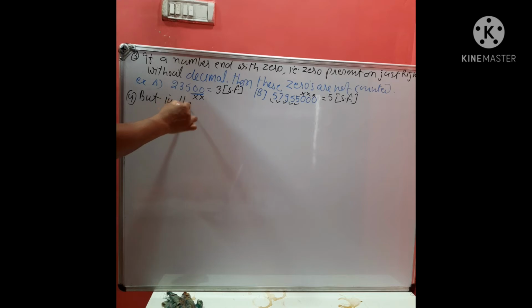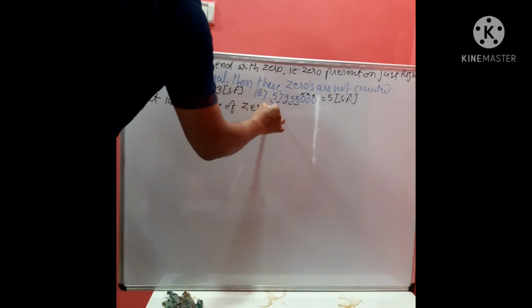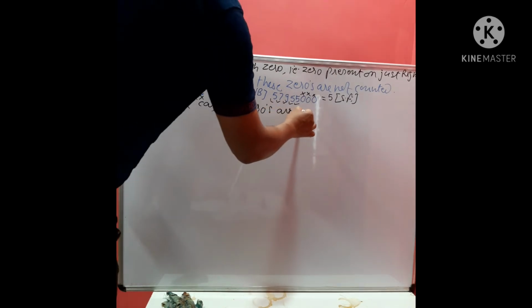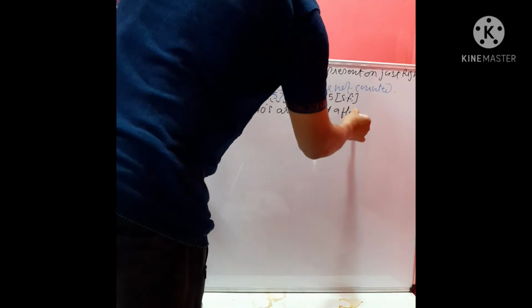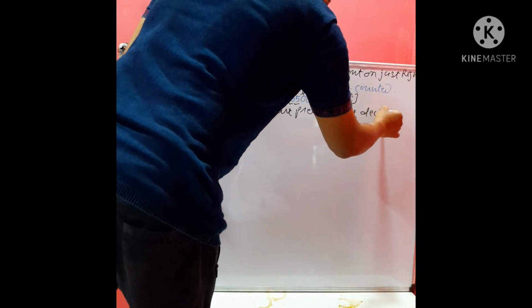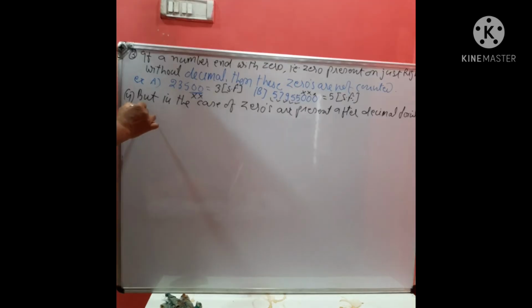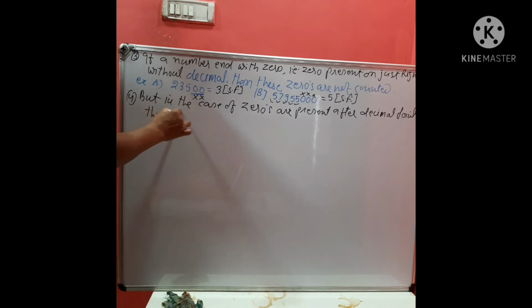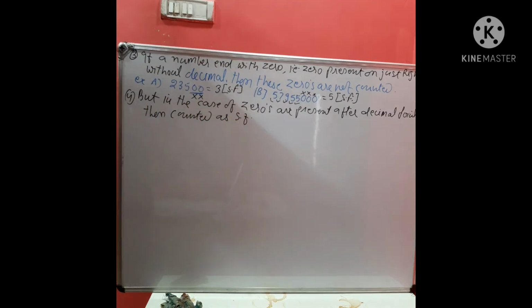But in the case where zeros are present after the decimal point, they are counted as significant figures. Now take the example 239.00.